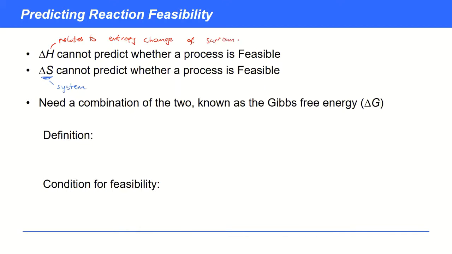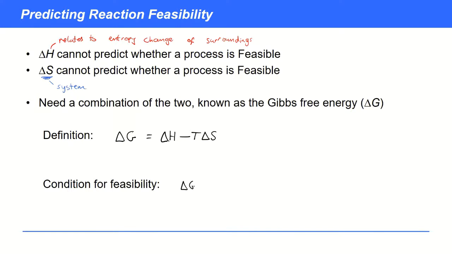And you can go into this and actually show mathematically why this relationship comes about. But it turns out that if you combine delta H and delta S in the following way, you get something called delta G. And that has a very, very simple relationship to feasibility.